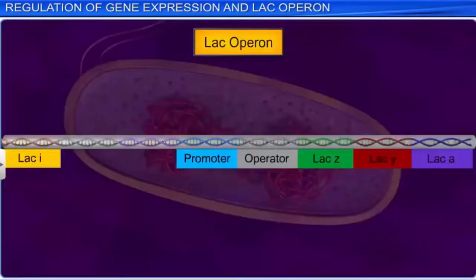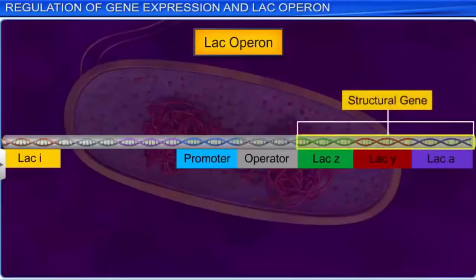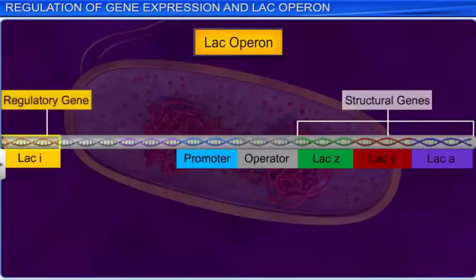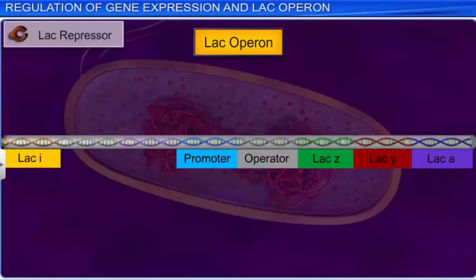Before we understand the lac operon in detail, let us understand what an operon is. An operon consists of a structural gene which codes for several proteins and is regulated by a common promoter and regulatory genes. Each operon has its specific operator and specific repressor.